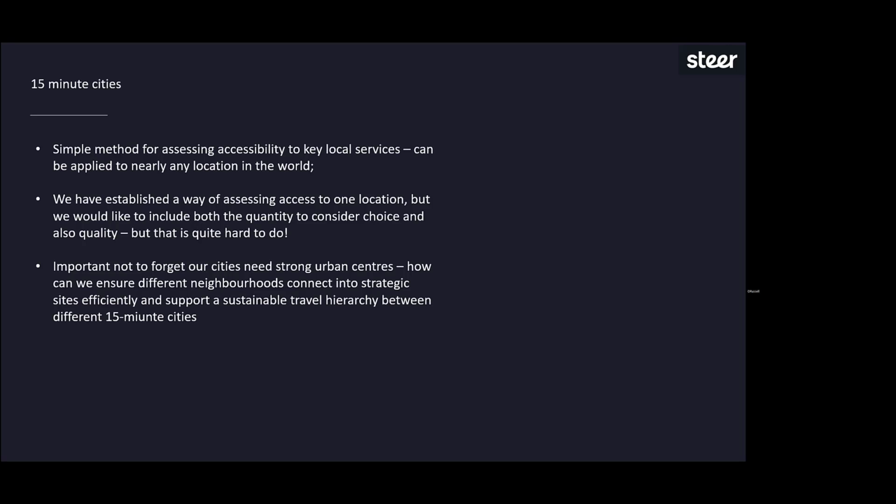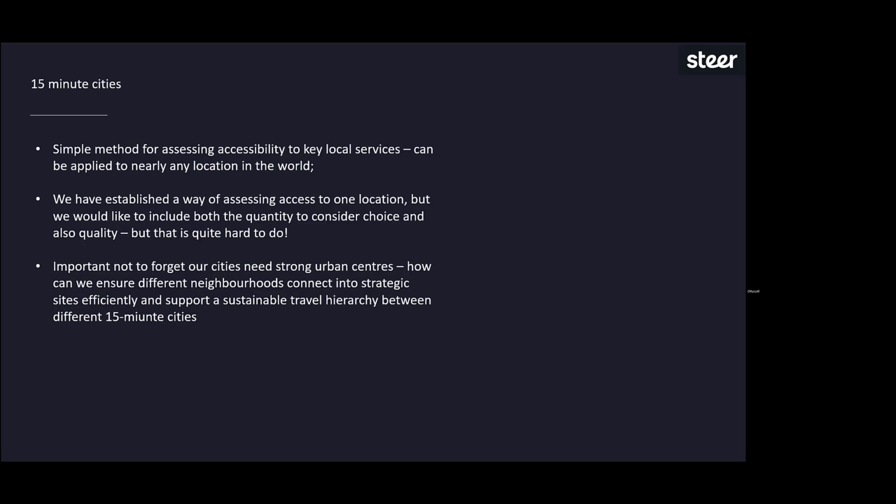So at the moment, I'm just putting back the nearest one, but I'd like to tweak the algorithm slightly to pull back, say, the nearest 10 services that you can reach, and then we'll understand not only can you do it, but the quantity that you can reach, because quantity means choice, and the more choice you have probably means that you've got a stronger location, a stronger 15-minute neighborhood. And also, as alluded to in the earlier presentation, starting to think about the quality of those services that we are assessing as well.